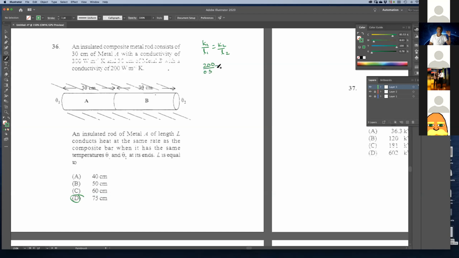Over 0.3 is equal to K2, and K2 will be the material like A, which has a thermal conductivity of 300, over L2. And we can solve here for L2. L2 is going to be equal to 300 by 0.3 over 200, and that works out to be 0.45.